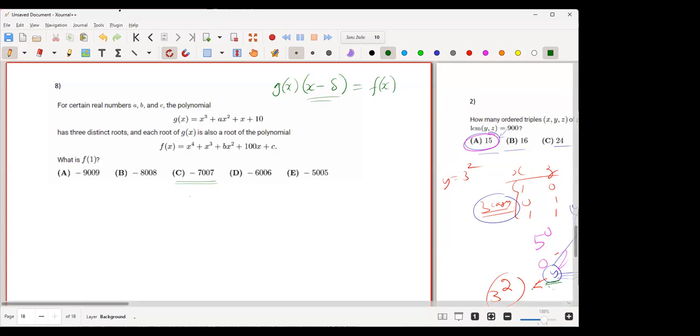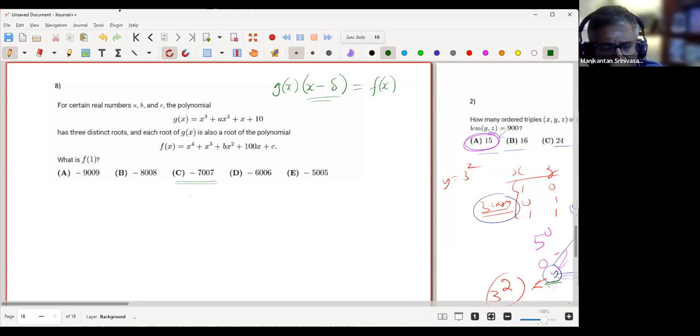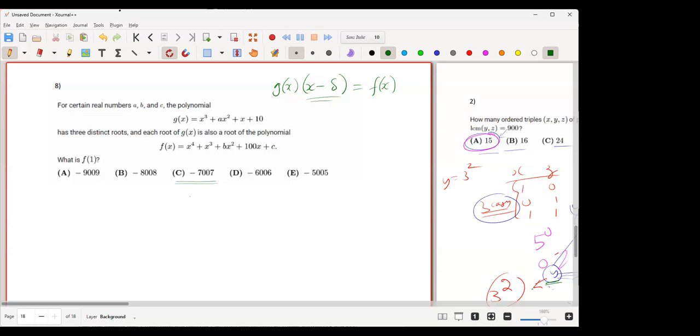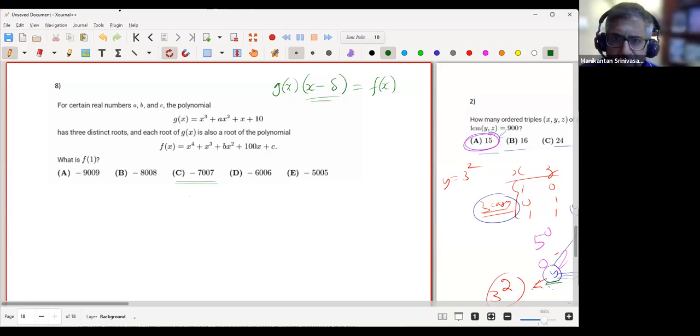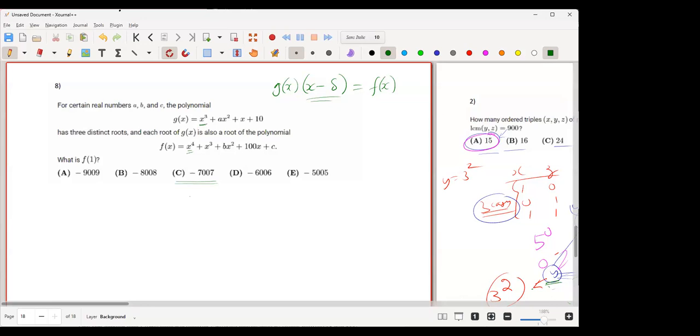So I worked in reverse: g of x into what linear polynomial gives f of x. So g of x into ax plus b equals f. A is just 1 because x cubed here and x power 4 here. So we literally have to find delta.